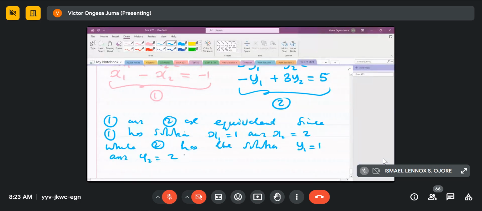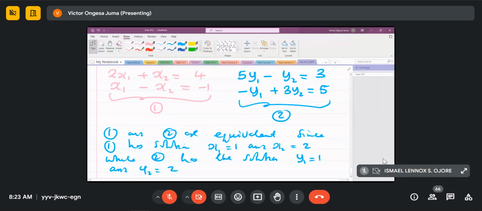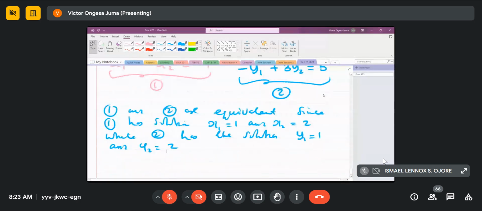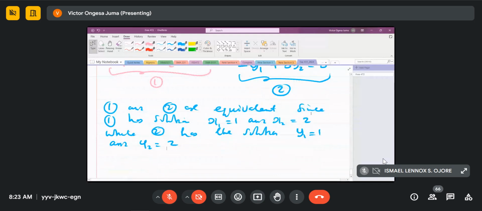They have the same, so you can verify that those are the solutions. If I put here 2, I put here 1, that's 5 minus 2, that's 3. If I put here 1, I put here 2, that's 6 minus 1. I think those are the solutions. So basically, that's the point, that two systems are said to be equivalent if they contain the same solution. Otherwise, they are not equivalent.